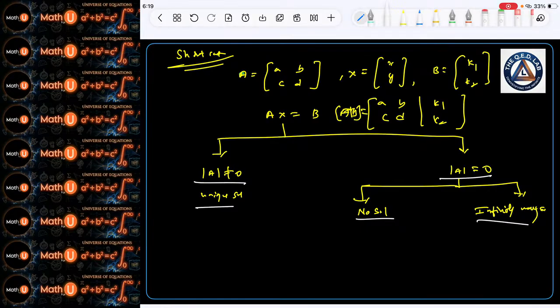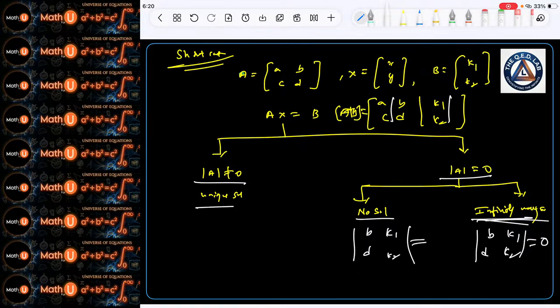Again, what you should do, find the determinant of these elements B, D, K1, K2. The same trick works for a 3 by 3 matrix also. If you get this determinant equal to 0, it is infinitely many solutions. If it is not equal to 0, it is no solution. That's simple, just remember this trick.